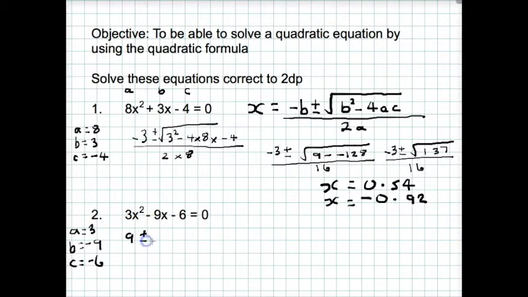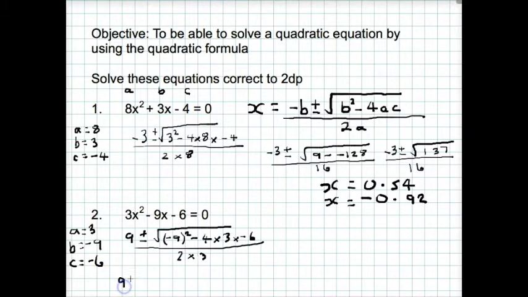Plus or minus the square root of -9 squared, take away 4 times 3 times -6, and that's all over 2 times 3.